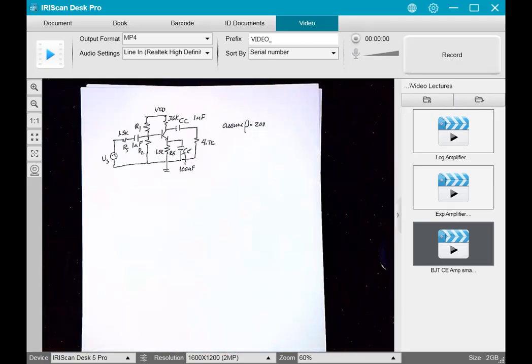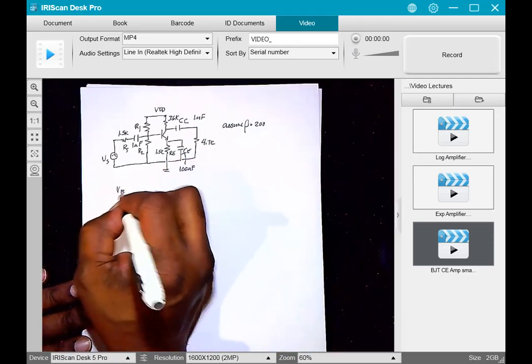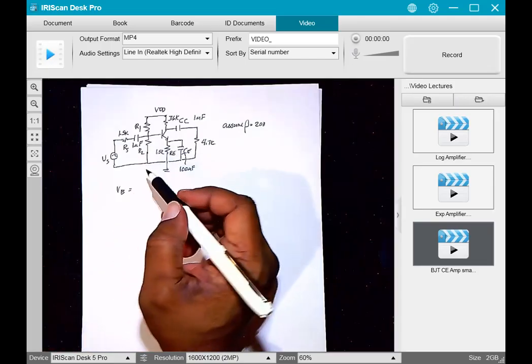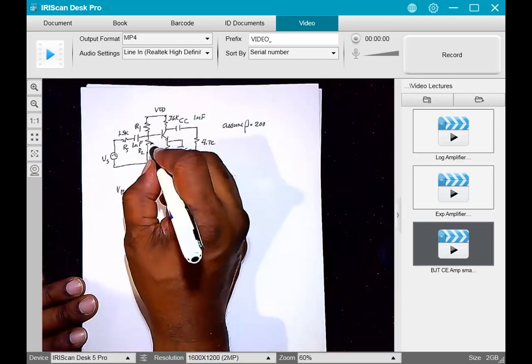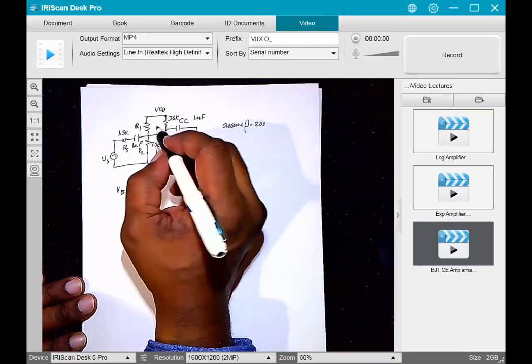So let's see. The first thing we need to do is find our operating points. VB is going to be, let me put the values in here, 7.5K here and 30K here.